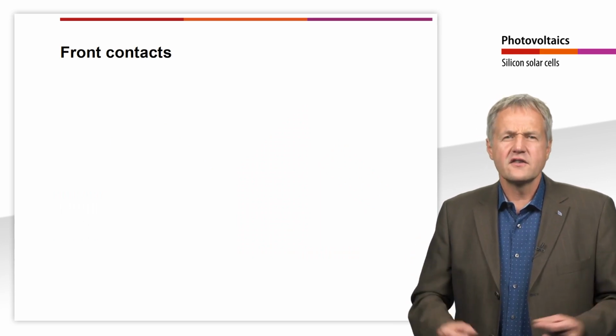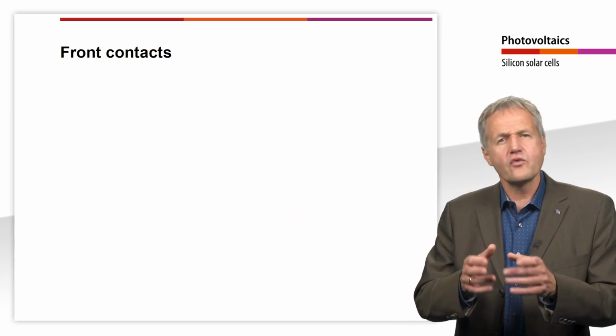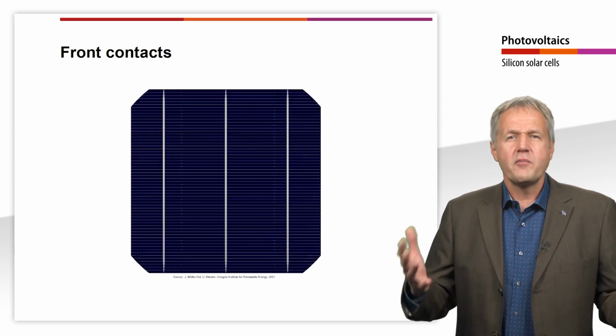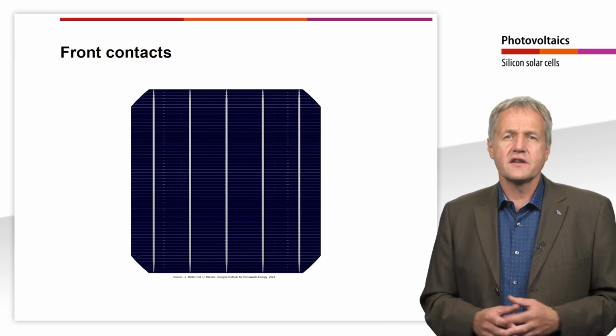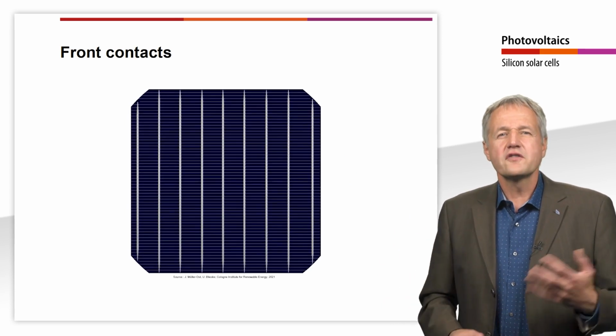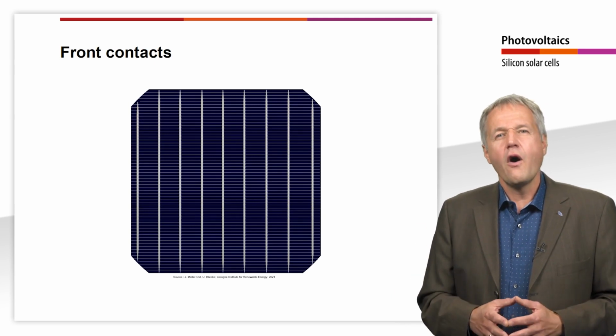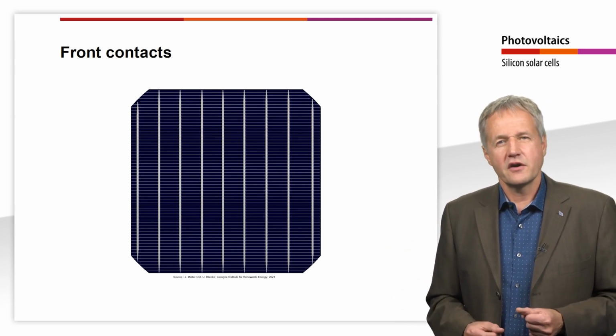For many years, the standard solar cell was manufactured with 2 bus bars. In recent years, the number of bus bars has steadily increased. Today, most solar cells are manufactured with 9 or more bus bars, or even with wires as bus bars.